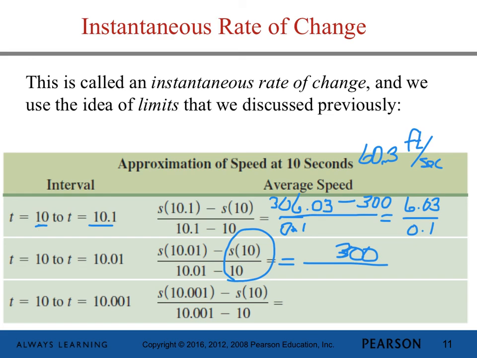So we went 100th of a second. So what we're doing is we're saying 3 times 10.01 squared, and that gives us 300.6003.